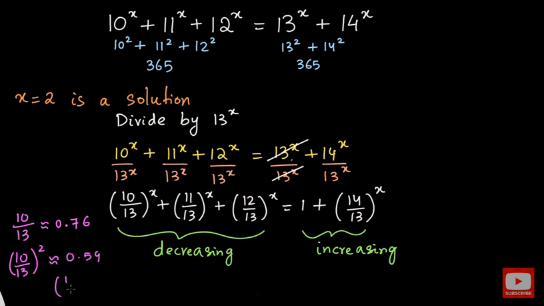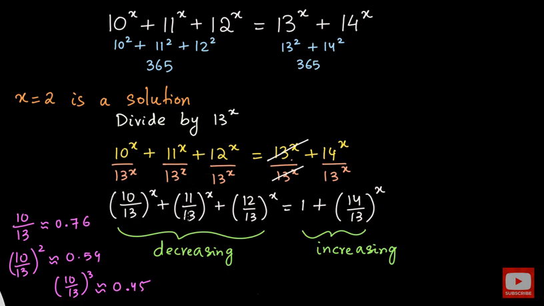And if I take the power of 3, this will become 0.45. So as you can see, as we increase the values of x, the value of (10/13)^x goes on decreasing. That is because 10 by 13 is a proper fraction, its value is between 0 and 1. Whenever we have values between 0 and 1 and we increase the powers, the value will go on decreasing.